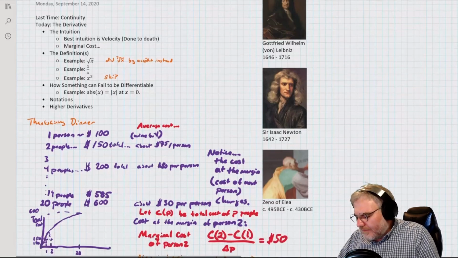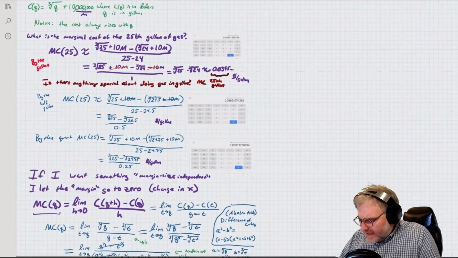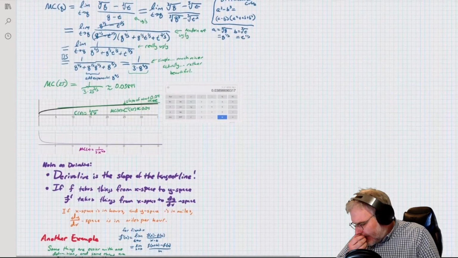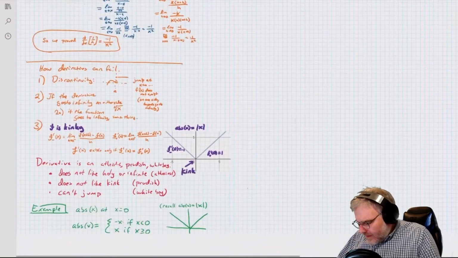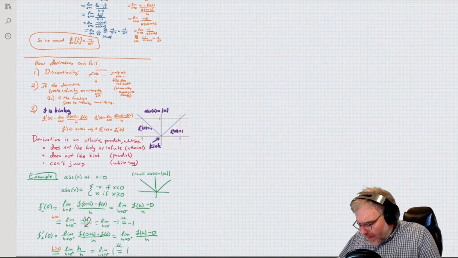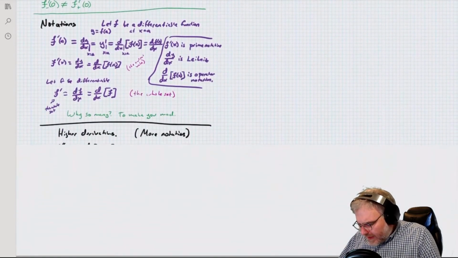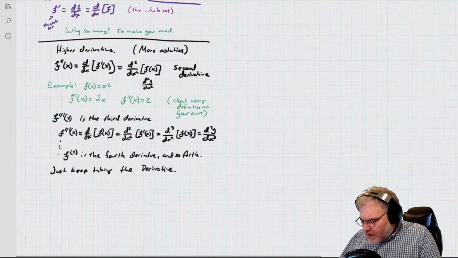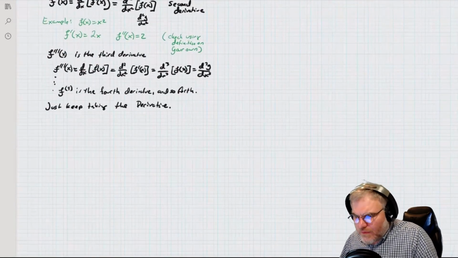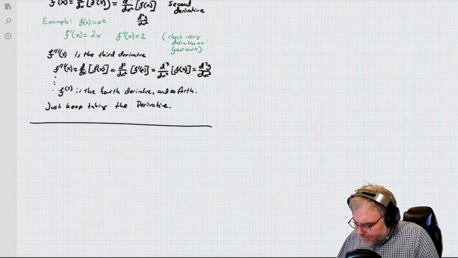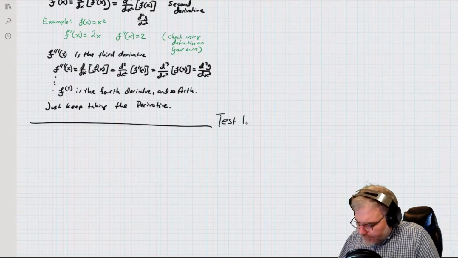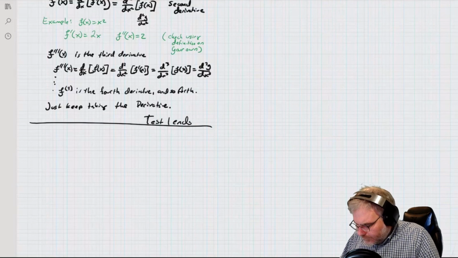So it's not as bad as it looks. And if you have trouble with it, by all means, come talk to me next time. So that should be all the stuff for test 1. Hopefully.